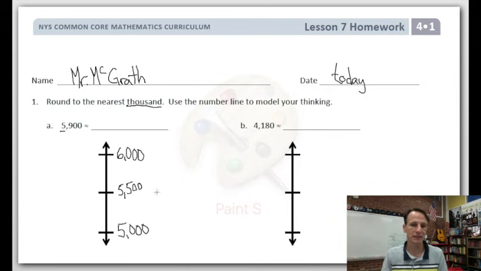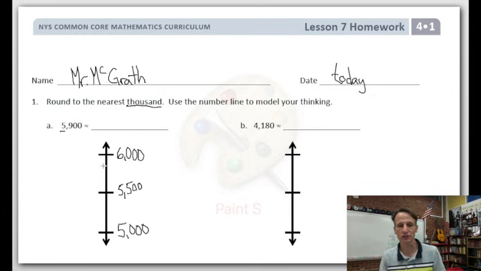Yes, so that makes sense as a midpoint. And you'd also step back and look at it. Is that in the middle between 5,000 and 6,000? Well, if we were to go by hundreds, 100, 200, 300, 400, 500, there's our middle, 600, 700, 800, 900, 6,000. So it is our midpoint.